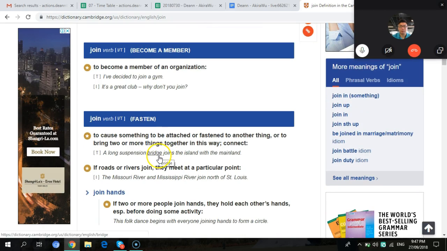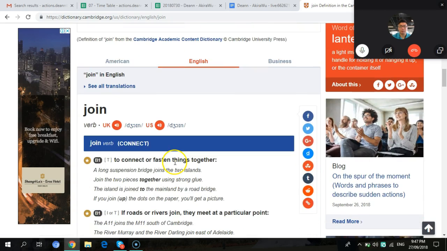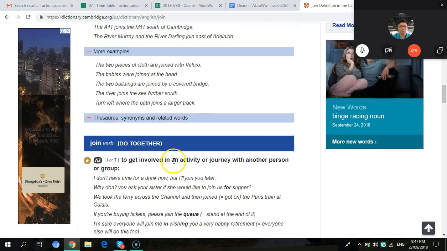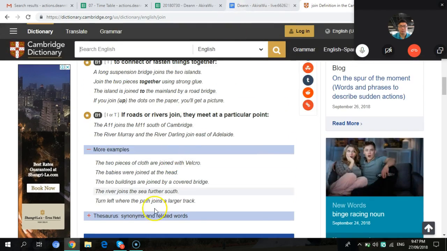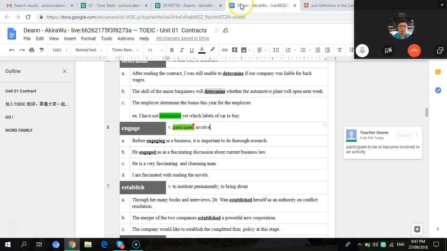Yes, join and participate are pretty much the same. So participate and join are the same. So do you have any questions? No questions.